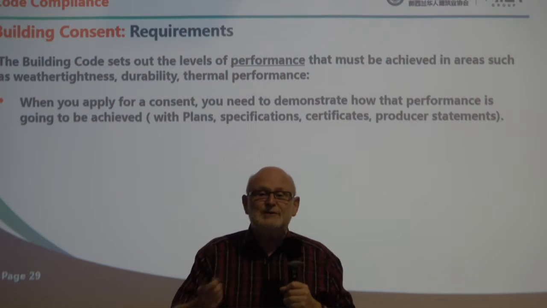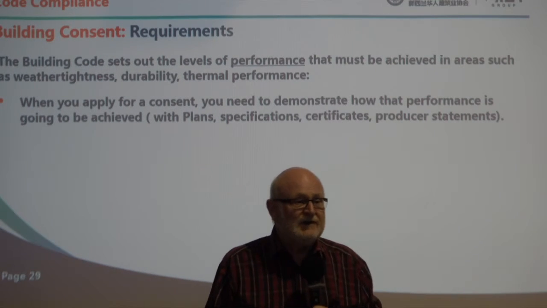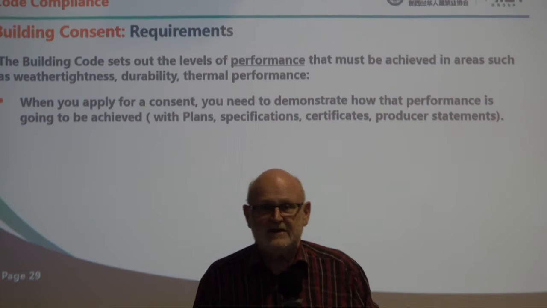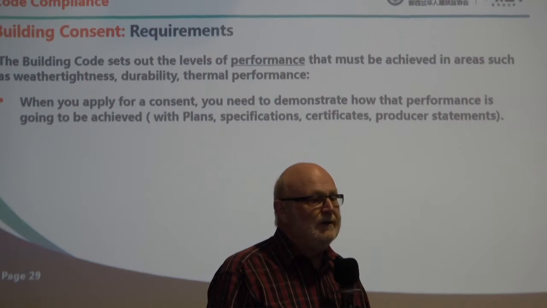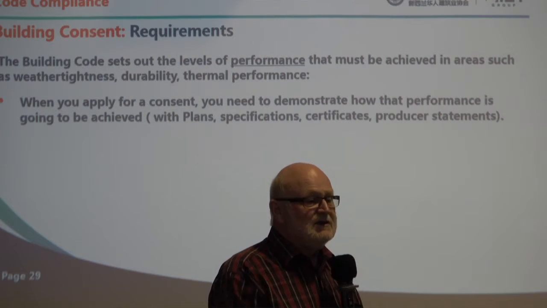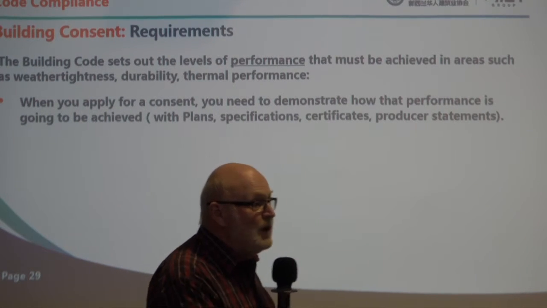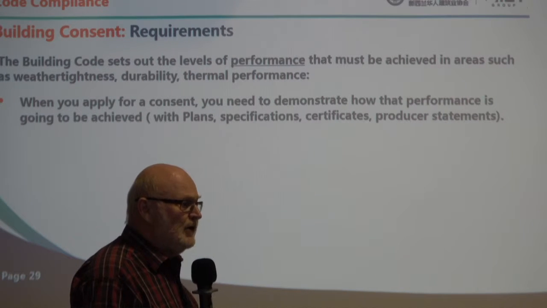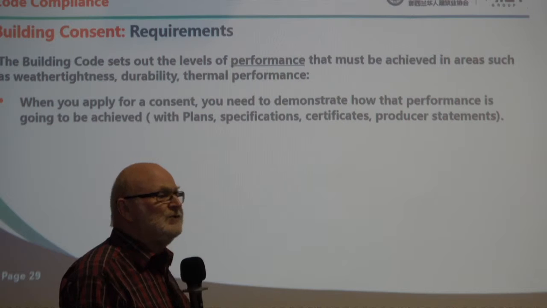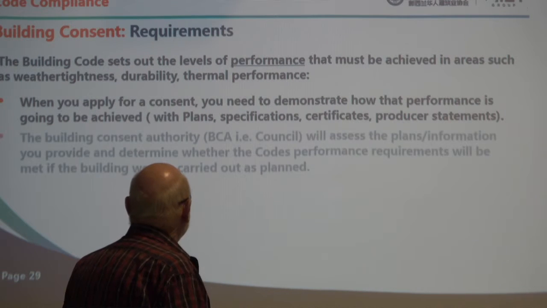So the simplest one might be an engineer writes a producer statement saying that the structure has been designed in accordance with the proper design codes. So this combination of documents is a demonstration of how you're going to meet the building code. And you submit that to the council.